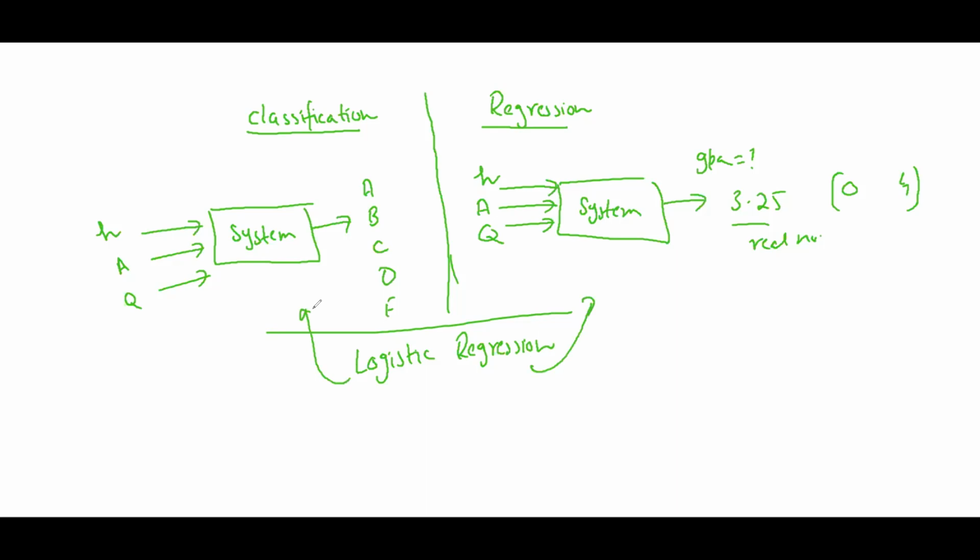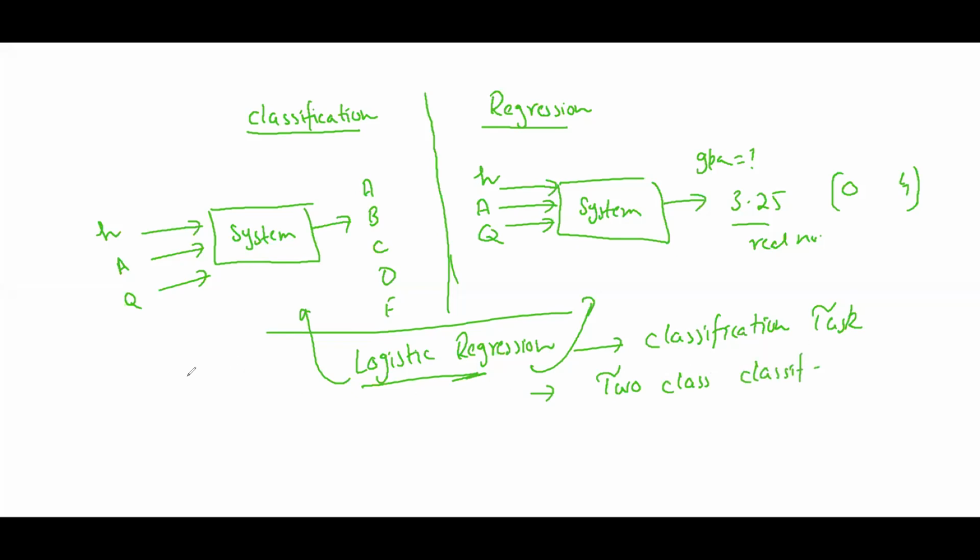You can just tell me whether it goes to the classification part or the regression part. So logistic regression, don't be misled by the terminology regression. For historical reason we have this name. So logistic regression is actually a classification task, and more specifically logistic regression is a two-class classification problem.